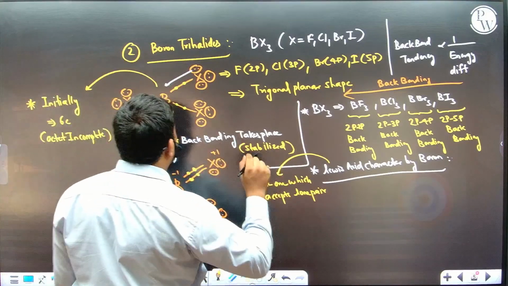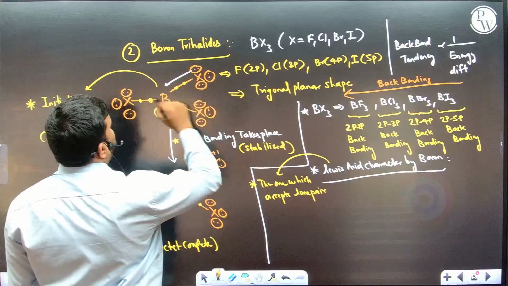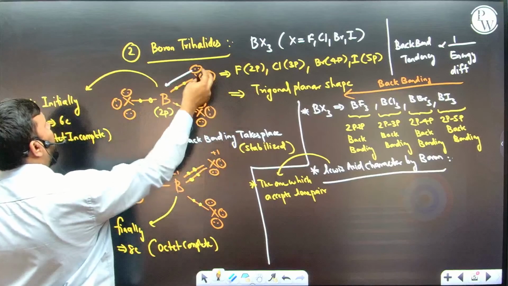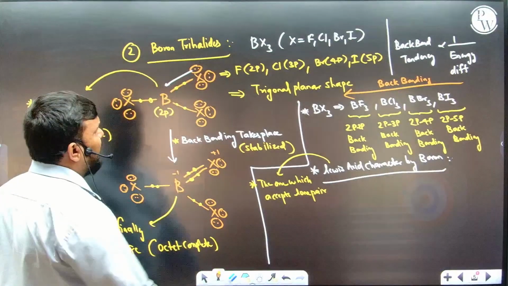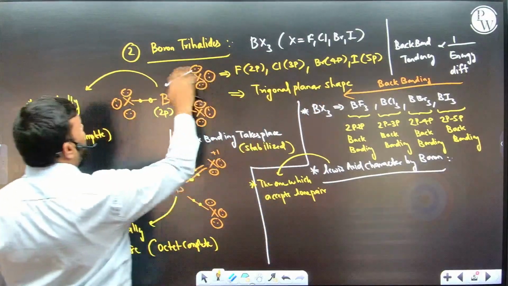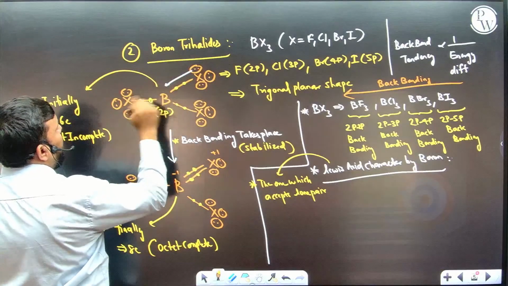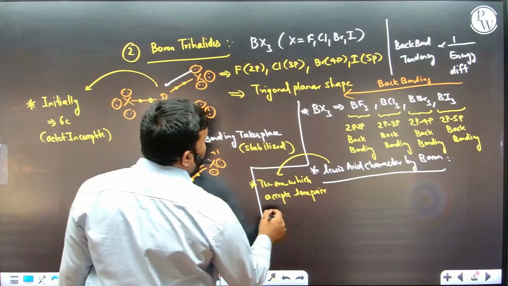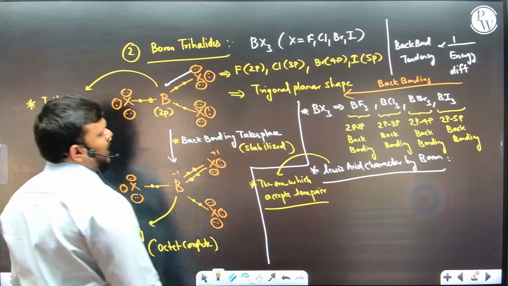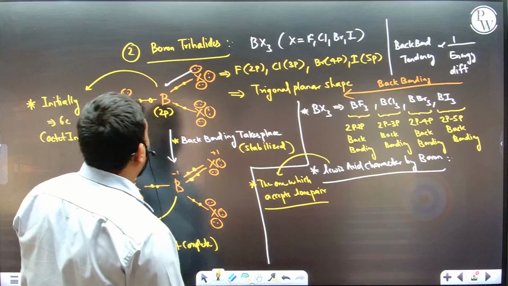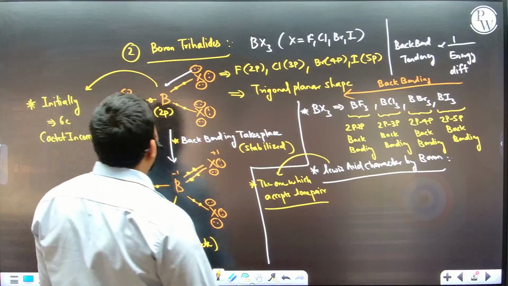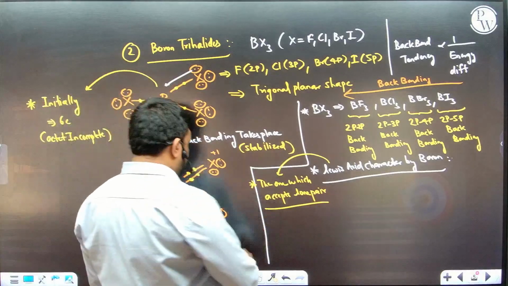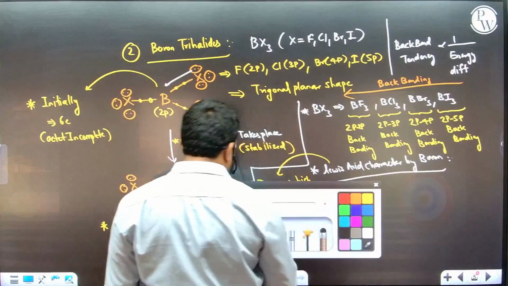Again I am repeating myself. If BX3 has fluorine, it will have very good back bonding, while in the case of iodine, it will have very poor back bonding, and if it has poor back bonding, its orbital will remain vacant, and there is a chance of it accepting a lone pair, and in that case it will act as a Lewis acid. So very interesting, you came to know the conclusion.